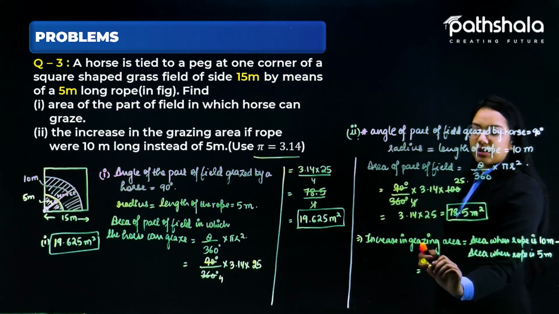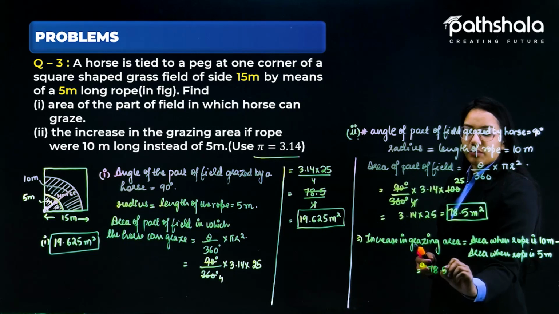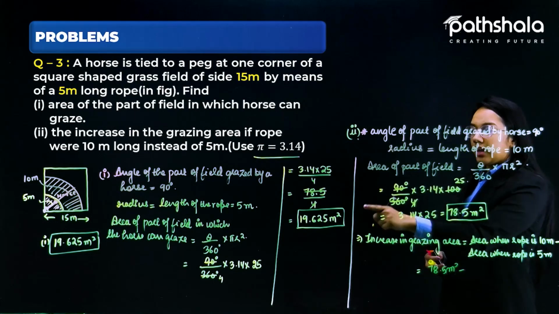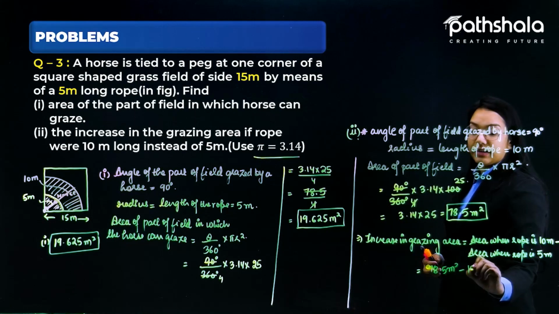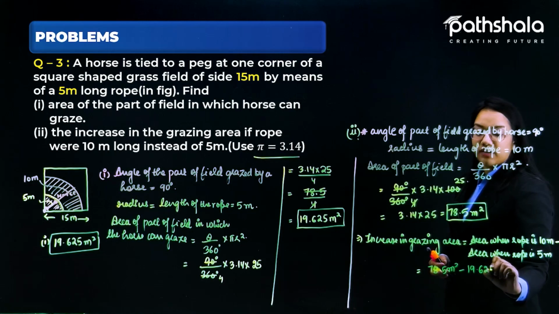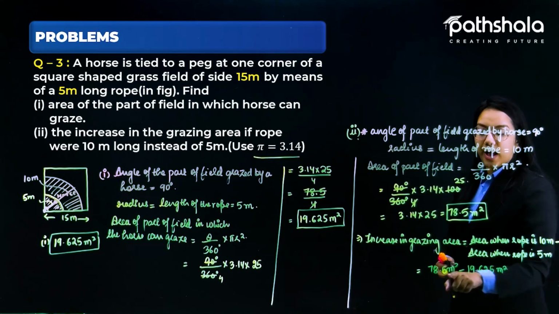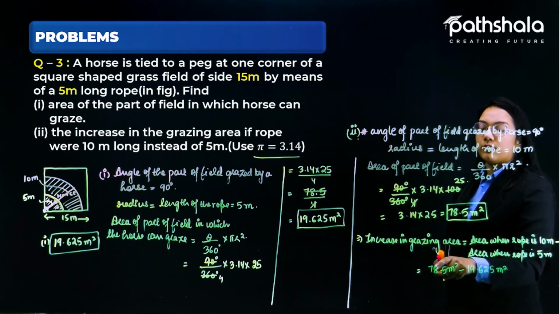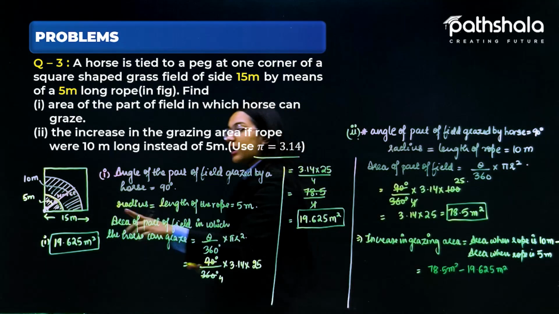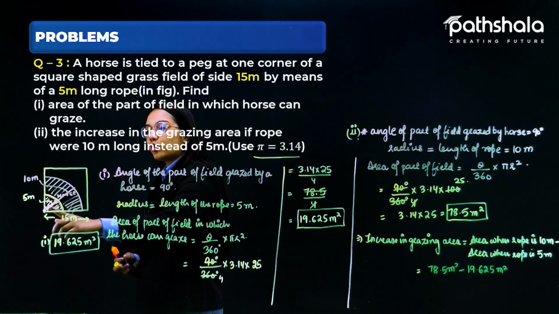So this is 78.5 meters square minus the area for the first one, which is 19.625 meters square. We will get the increase in the grazing area when we subtract both of these areas.